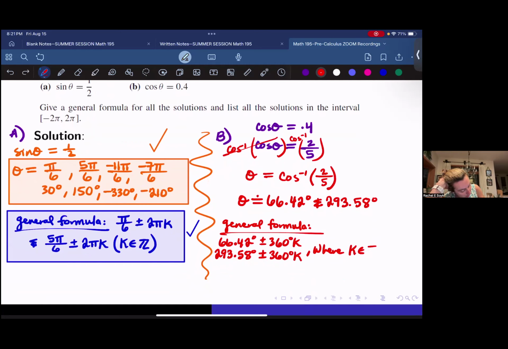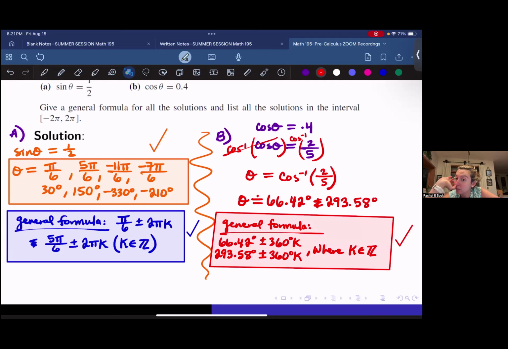And then last but not least, let's solve all of the solutions from negative 2 pi to 2 pi. And so when we do that, we get the following. Our theta is equal to, if we do 0 minus the 66.42, we get the negative 66.42.